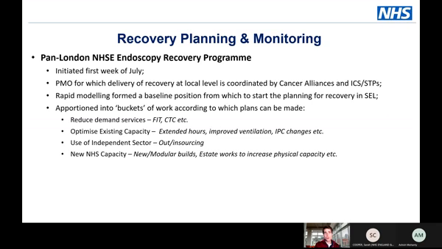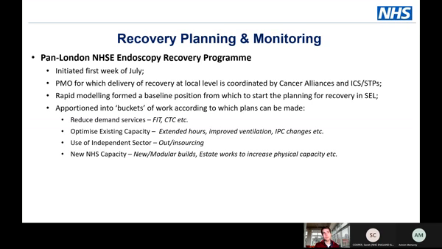Other areas of work were around optimizing existing capacity, so extending our working hours or improving your ventilation to decrease downtime between cases and therefore increase the throughput on each case, and also infection control changes that may allow increases in optimizing capacity or increasing capacity.